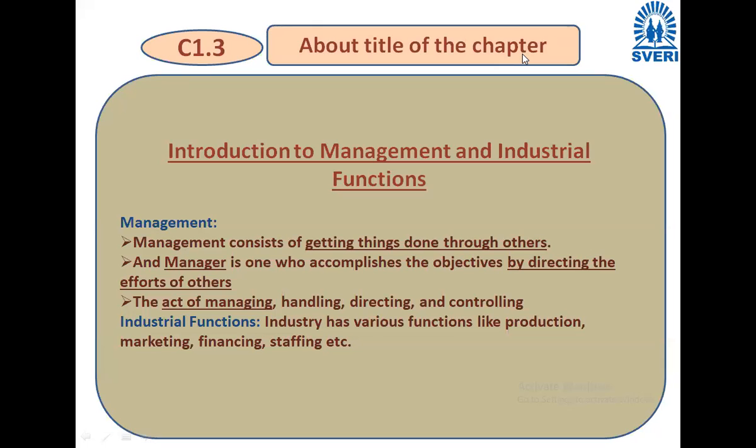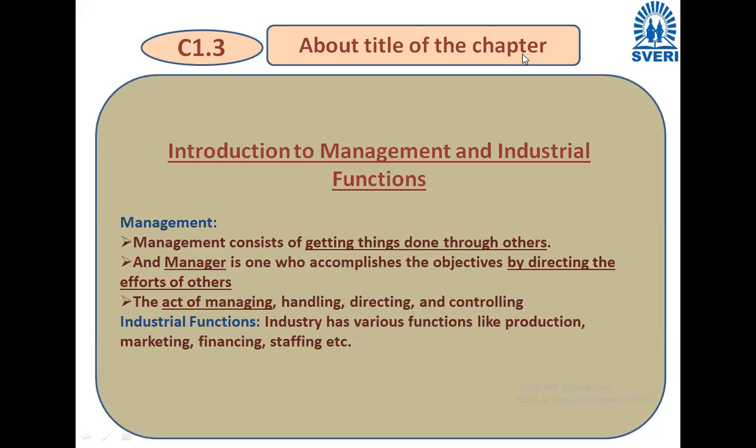Now, the second keyword is industrial functions. In industry, there are so many functions. Production function is there, marketing function is there, financing is there, staffing is there. Production means producing the actual product. You need staff because you have to get the work done from them. That's why people are required. Then finance, money is required.